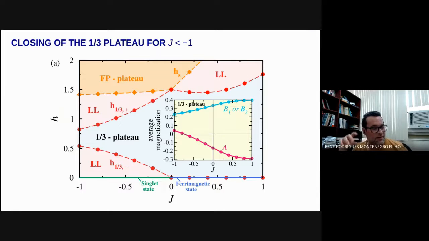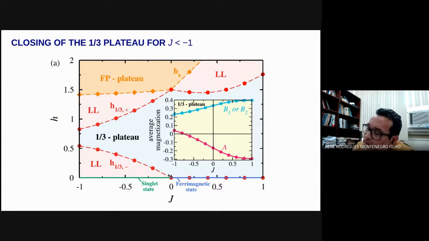To end the talk, I will talk about the closing of the 1/3 plateau. Notice that the 1/3 plateau increases as J takes positive values, as we increase J in this positive region. It increases going to the Ising limit that has a plateau.